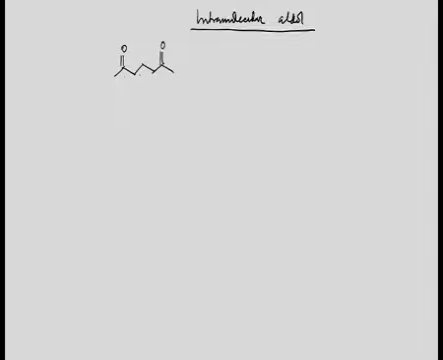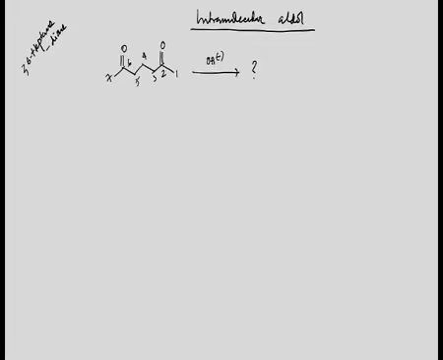So this is a 1,5-diketone system, or you can name this 1, 2, 3, 4, 5, 6, 7, so this is 2,6-heptanedione. Now if you put sodium hydroxide for aldol reaction, what will happen?